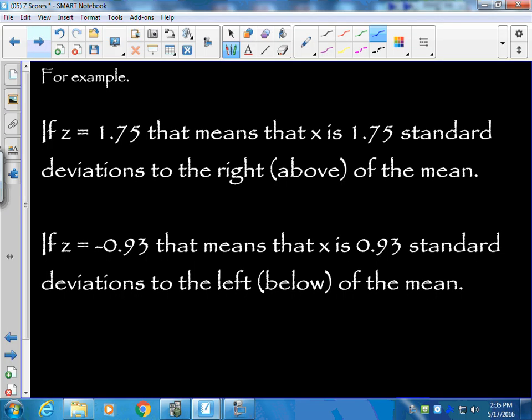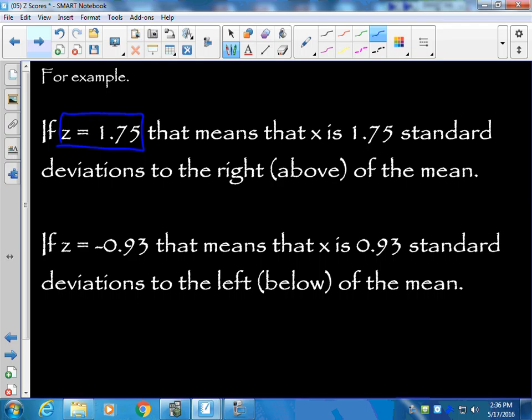Okay, so now how do we describe and talk about these terms? If we say z is 1.75, okay, that means that whatever the value was that we started with is now 1.75 standard deviations above average, above the mean. Okay, so we know that that's an above average value.